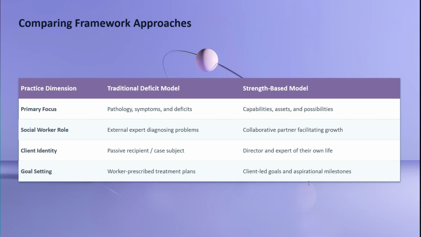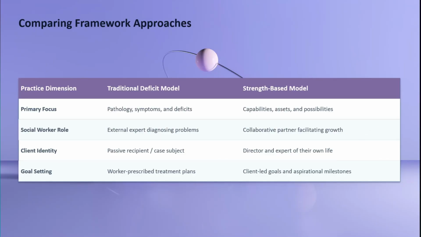Notice how the practitioner's role transforms from an authoritative expert fixing a problem into a collaborative ally, unlocking existing potential. This shift improves client retention, builds stronger therapeutic alliances, and leads to sustainable community reintegration.